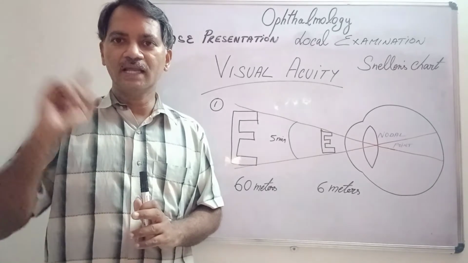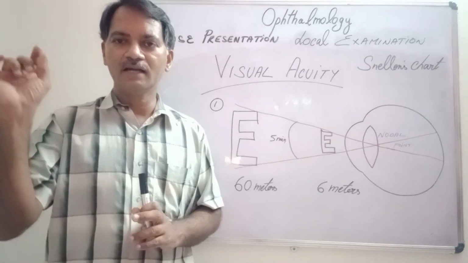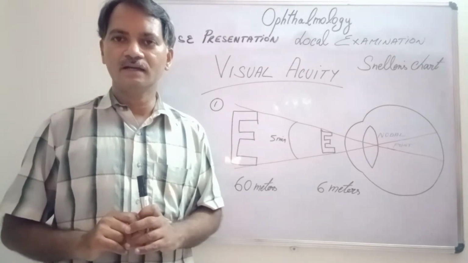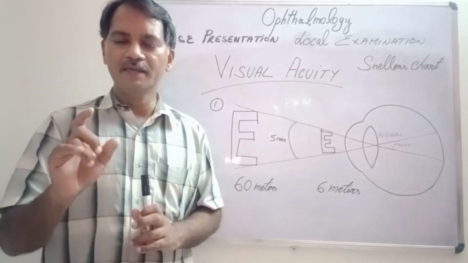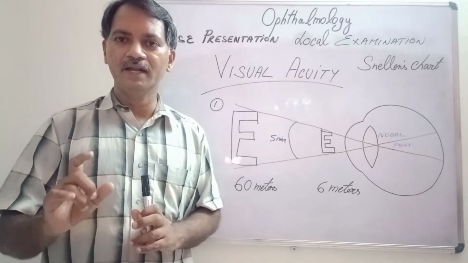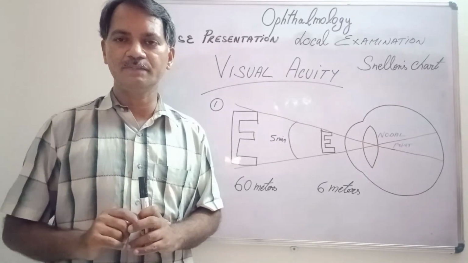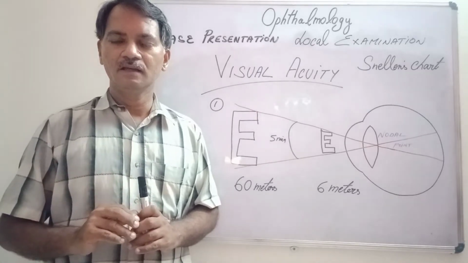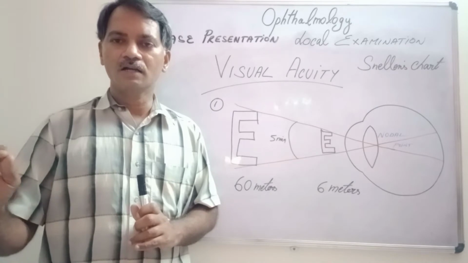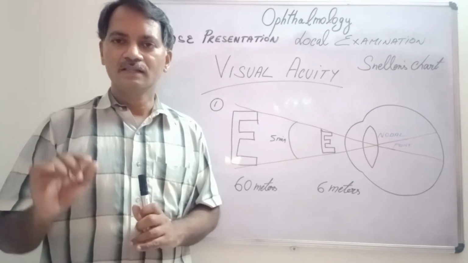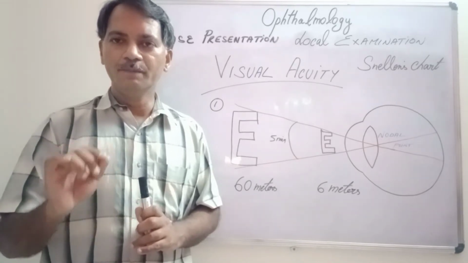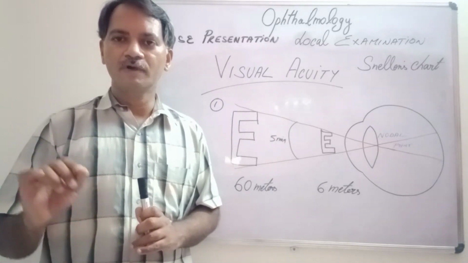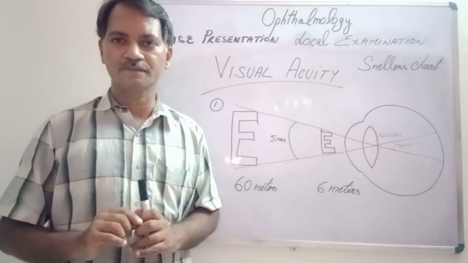The topmost line in the Snellen's chart, where it is written as 60, that particular letter makes an angle of 5 minutes at the nodal point when it is at a distance of 60 meters from the eye. The bottommost line where the letters are marked as 6, that particular letter will make an angle of 5 minutes at the nodal point of the eye from a distance of 6 meters.